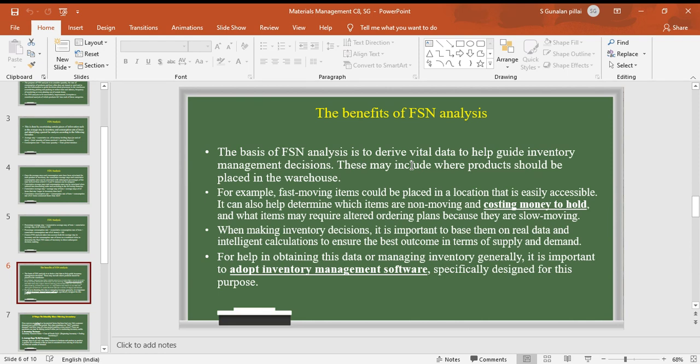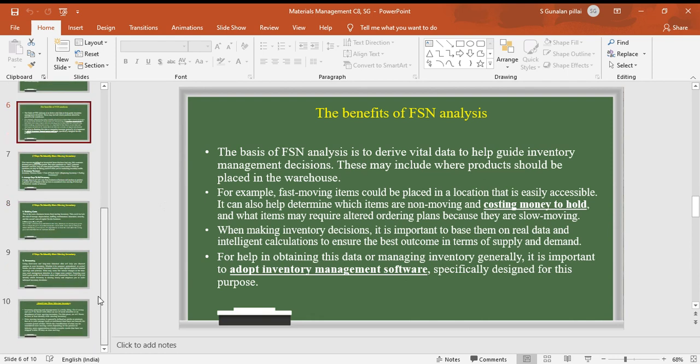To help obtain this data, it is generally important to adopt inventory management software specifically designed for this purpose. The sixth slide of the presentation shows that inventory management software is essential for doing FSN analysis perfectly.